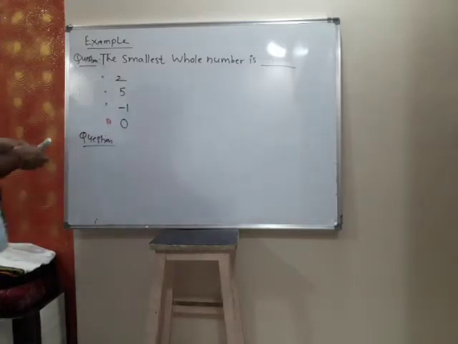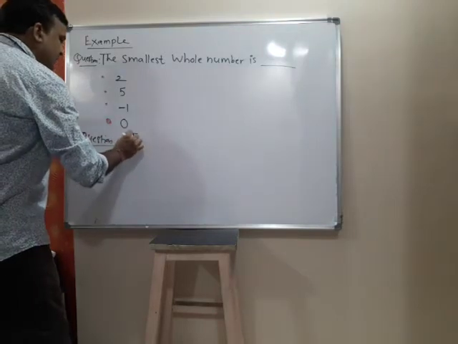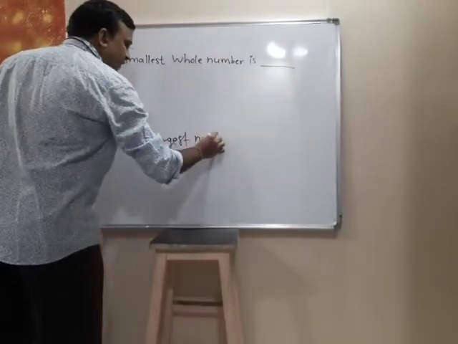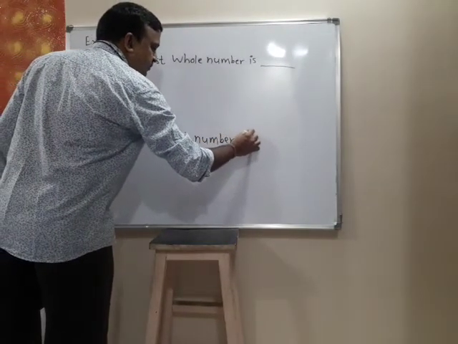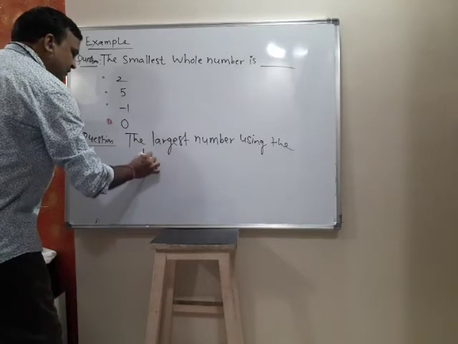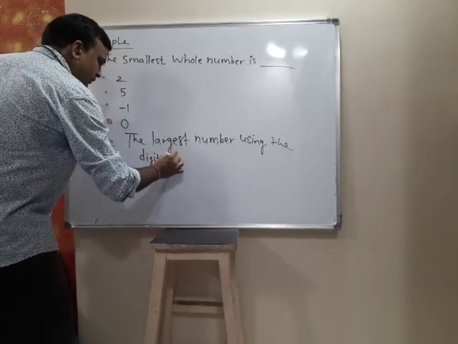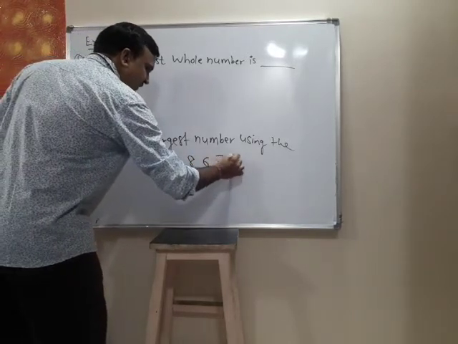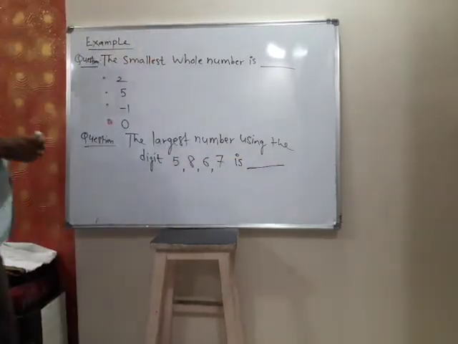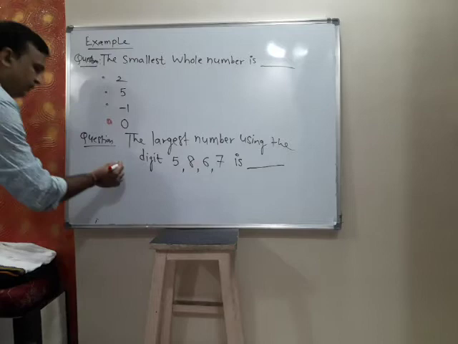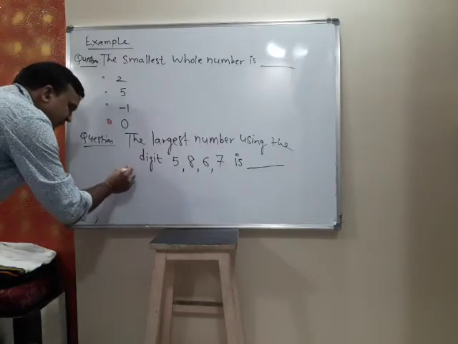The largest number using the digits 5, 8, 6, 7 is... There are 4 digits given, 5, 8, 6, 7. Which is the largest number? You will find 4 options. You will find 4 answers.